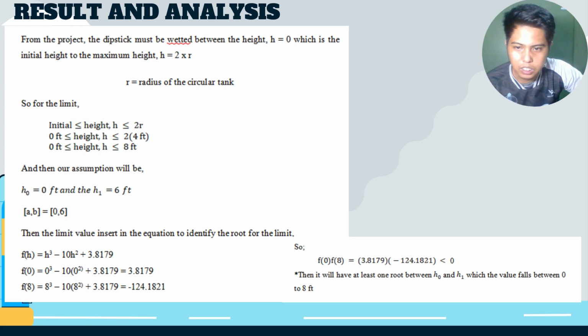For the first calculation, we substitute the limit values into the equation, and we multiply both answers to get the IVT value. We determine that the first limit multiplied by the second limit gives an answer lower than 0. So we can proceed with the calculation of iteration.